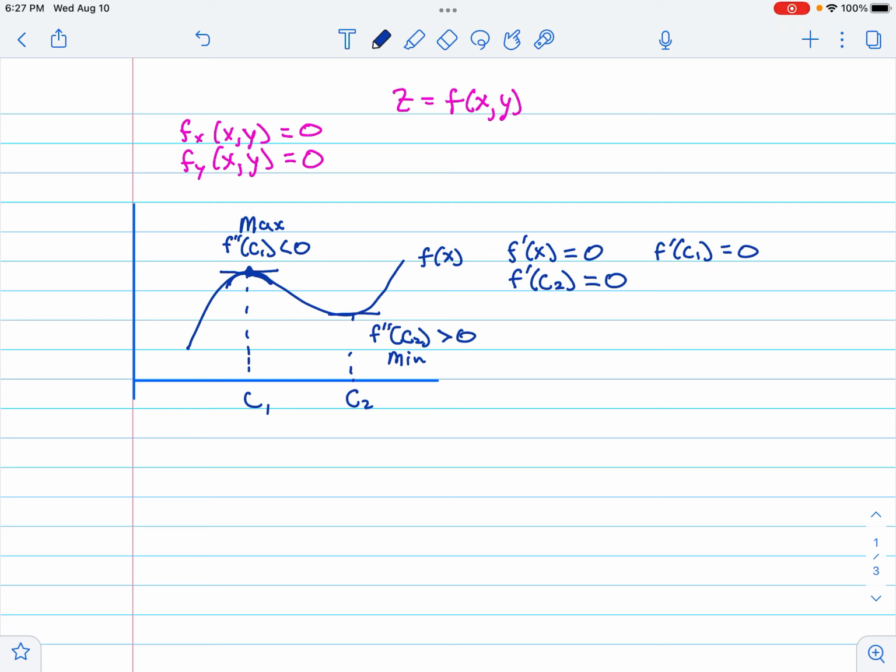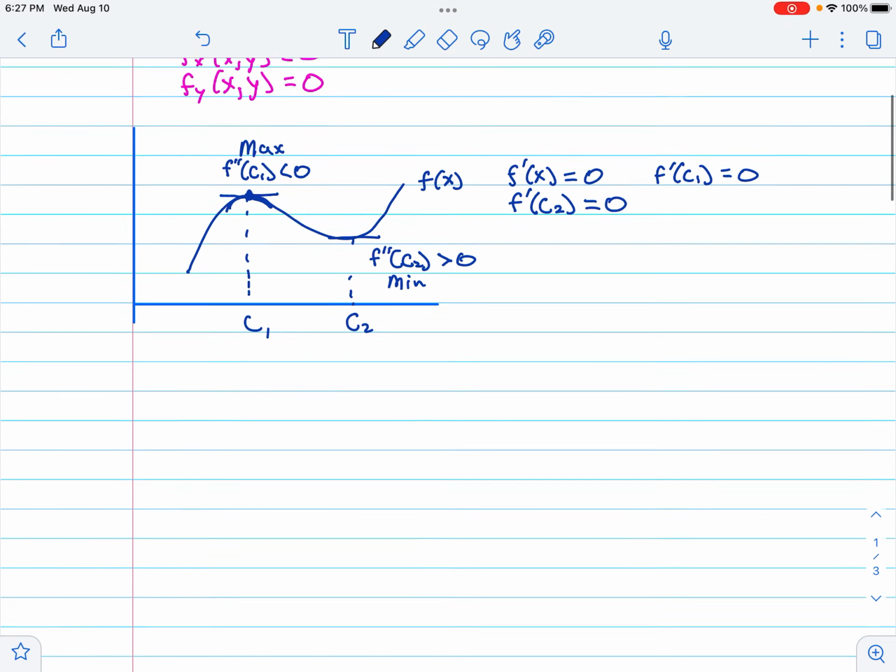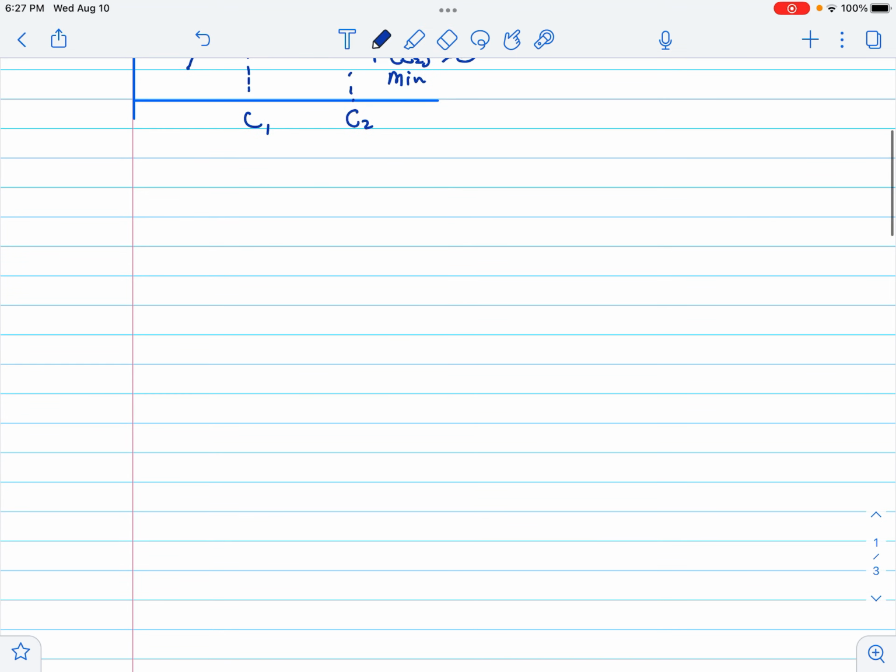Now, okay, we want something similar to that for a function with two independent variables. So let's see if we can figure something out. Now, to do this, let's just think about a quadratic function here, let's say.